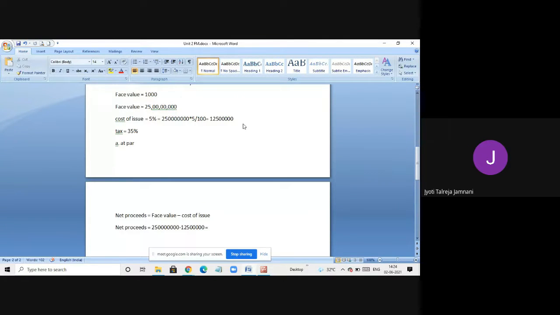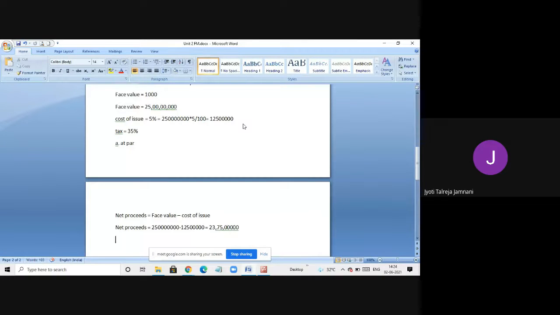So you get 23 crore 75 lakhs. Yes, 23 crore 75 lakhs. This is the net proceeds.